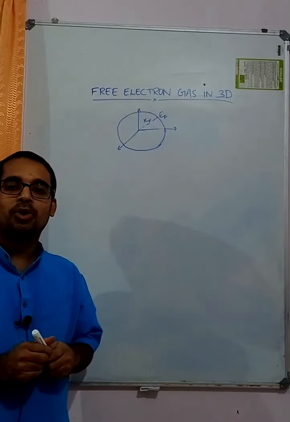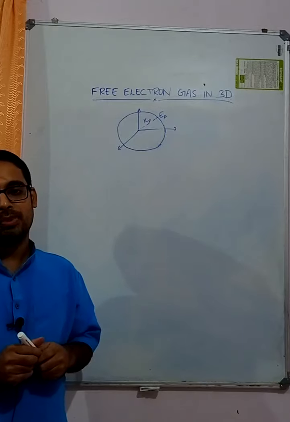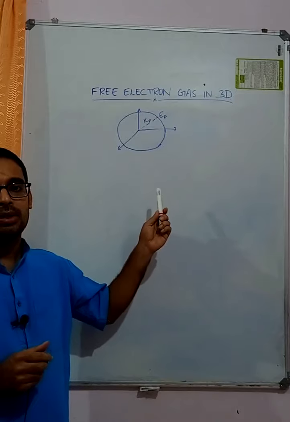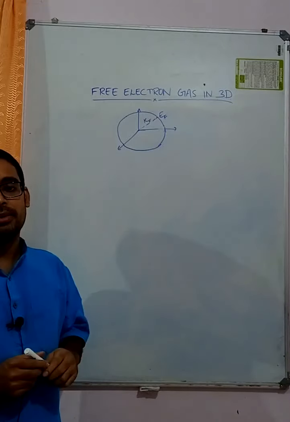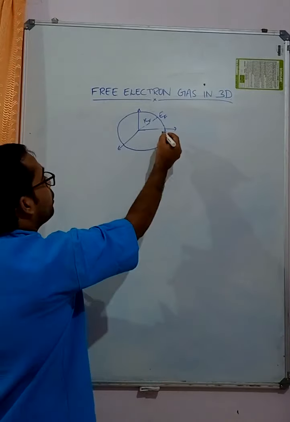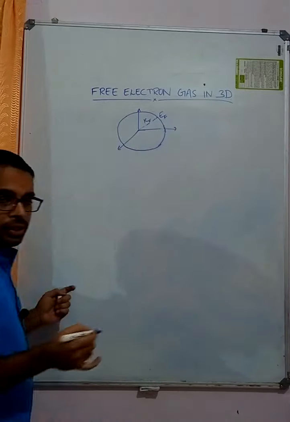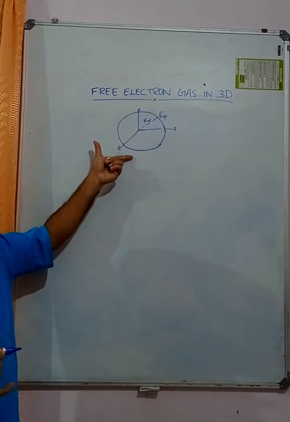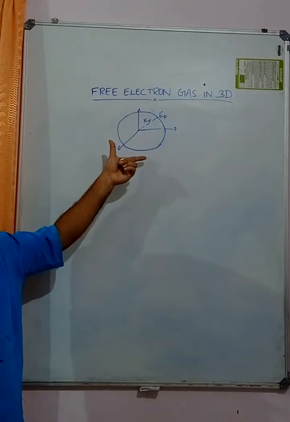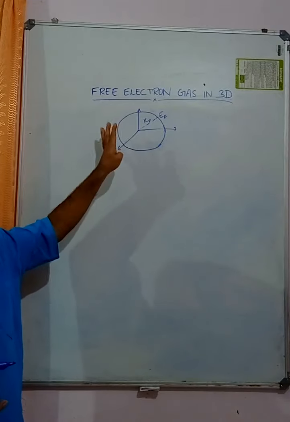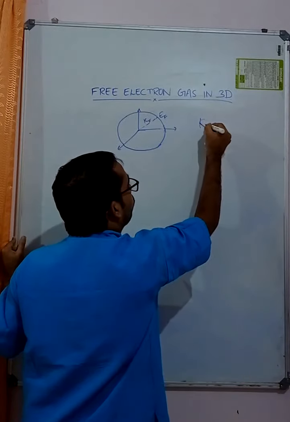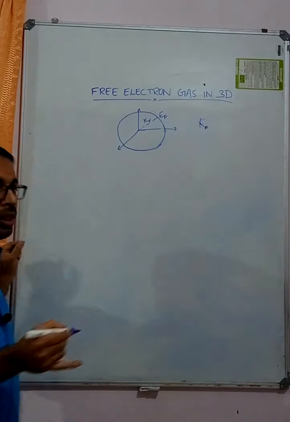Now we are treating the problem in k space, that is the momentum space. In a Cartesian coordinate system, if there are n electrons, in k space these are represented by points in k space. So this Cartesian problem is converted into k space. This can be considered as a 3D sphere, where the radius of the sphere is kf, the Fermi wave vector, which corresponds to the Fermi energy.